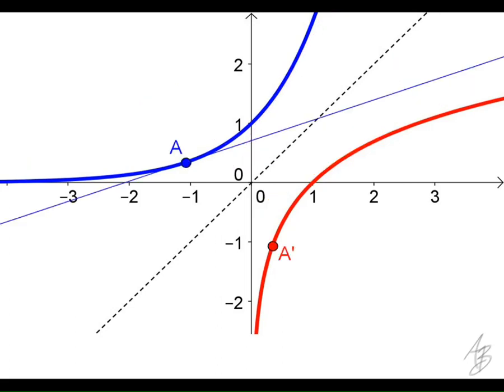So we've got the same idea here. I could draw the tangent line on the A prime, which would be the corresponding point. And you may also notice that the two tangent lines, the tangent line to the original relation and the tangent line to the corresponding point of the inverse, go through where?